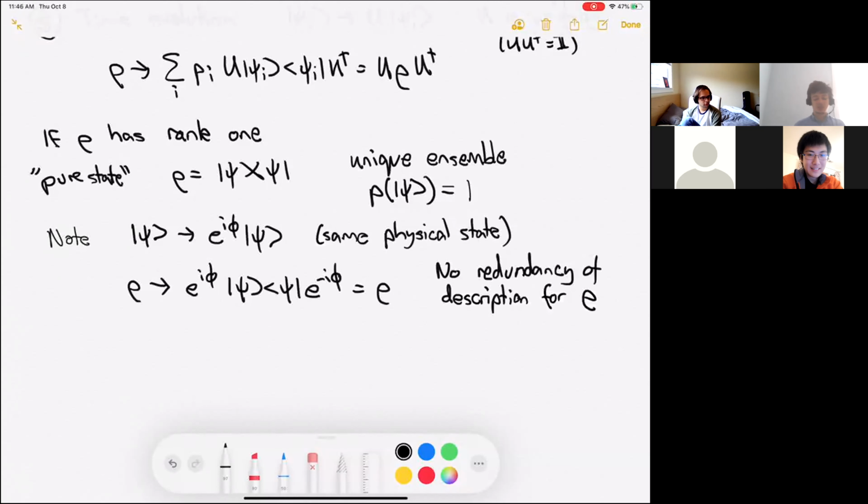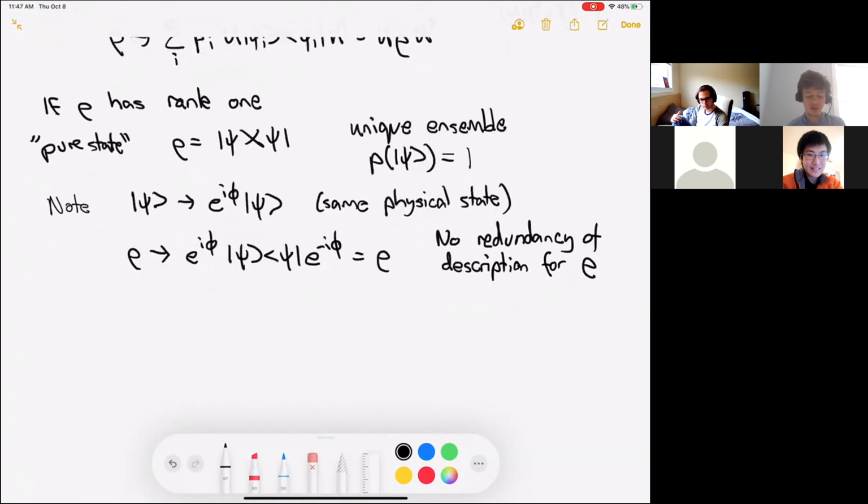That's because it describes a projector onto the one-dimensional complex subspace spanned by psi, rather than just the specific state psi itself. So it doesn't care about multiplying psi by a phase, which is definitely a nice feature.